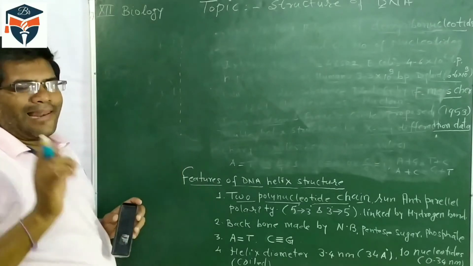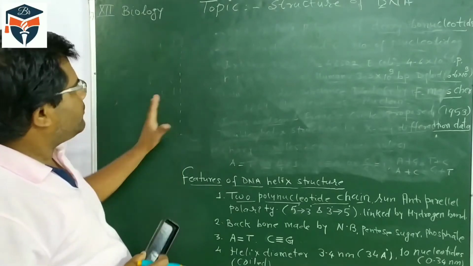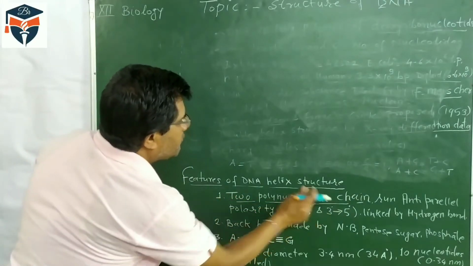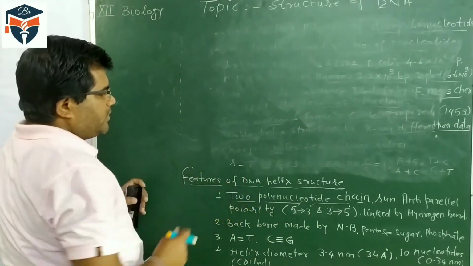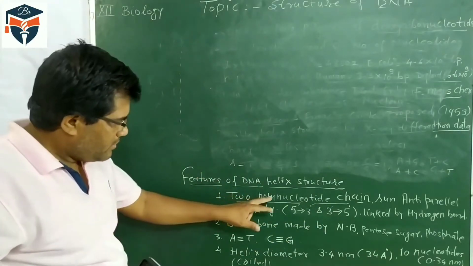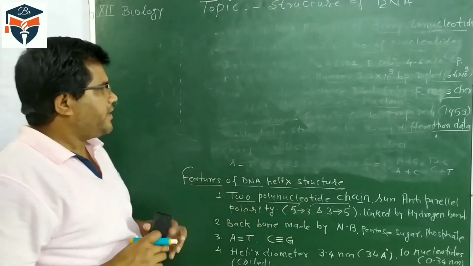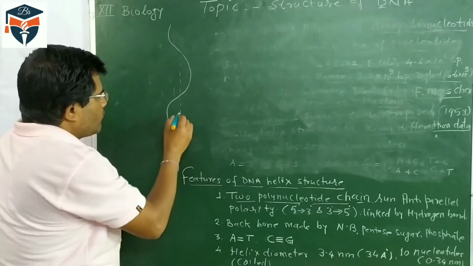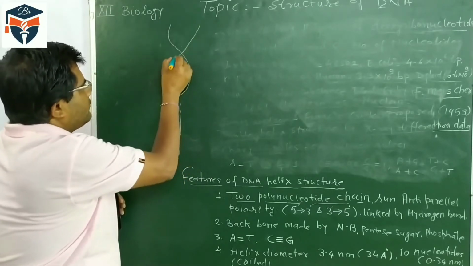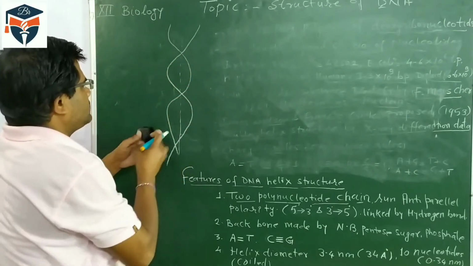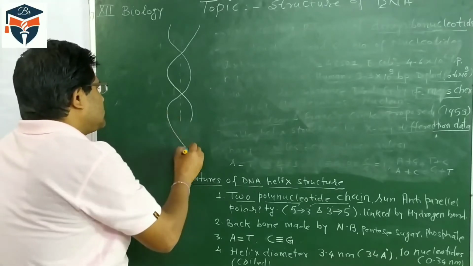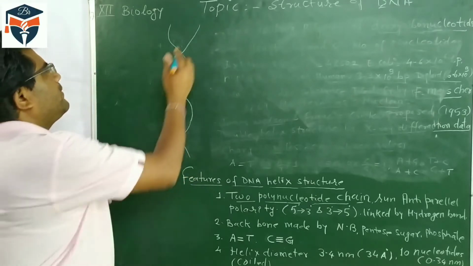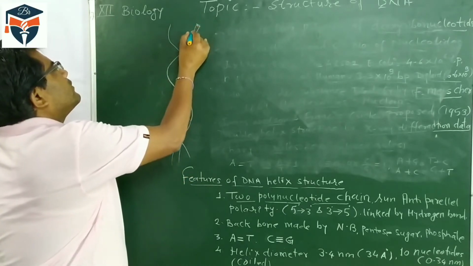DNA is a delicate molecule, so we give support at the central axis. A polynucleotide chain is a chain formed by many nucleotides. One chain is this one, and another chain is of this type. So these are the two polynucleotide chains of the DNA. One nucleotide chain is this.